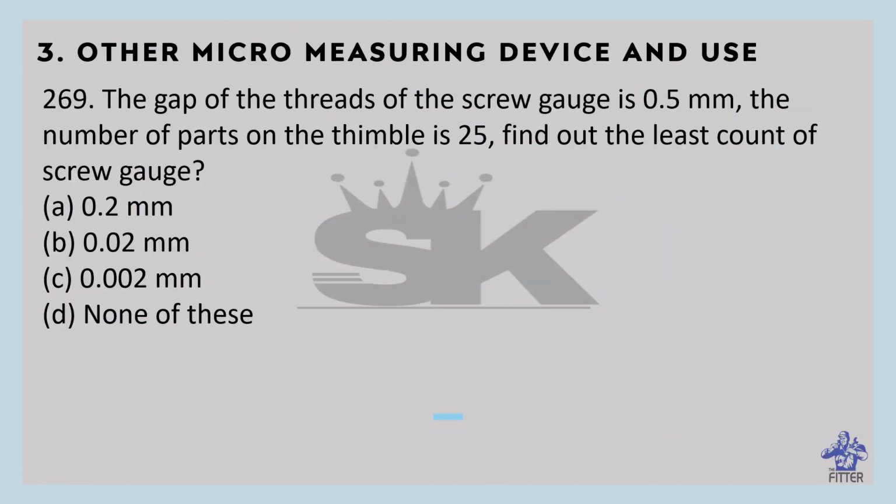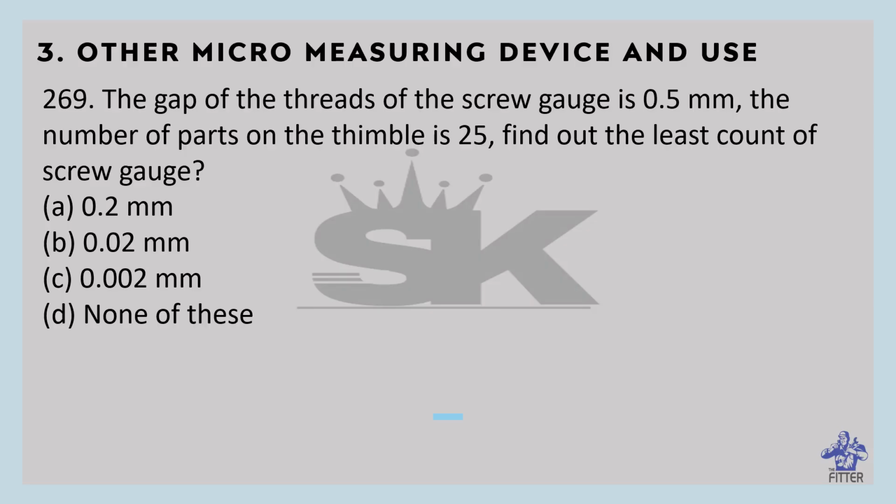The third module, other micro measuring devices and uses. Okay. In that, the first one: the gap of the threads of screw gauge is 0.5 mm and the number of parts on the thimble is 25. Find out the least count of screw gauge. So that is 0.02. How?